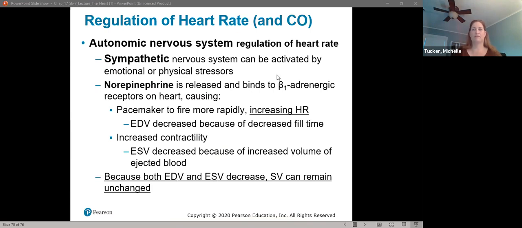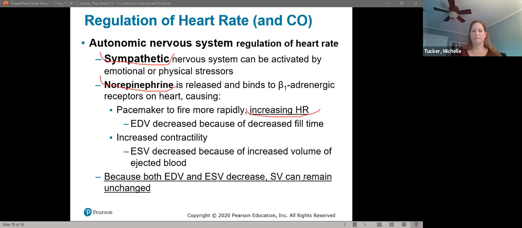As I mentioned, at rest, the parasympathetic system is in control. But during fight or flight, the sympathetic nervous system is going to secrete norepinephrine. Norepinephrine is then going to affect the receptors on the heart, allowing an increase in depolarization, and this is going to increase heart rate.